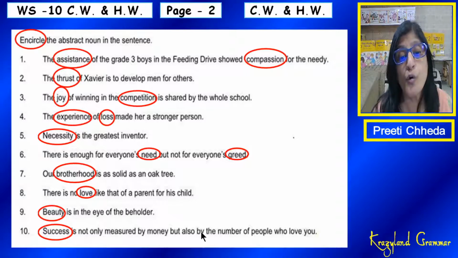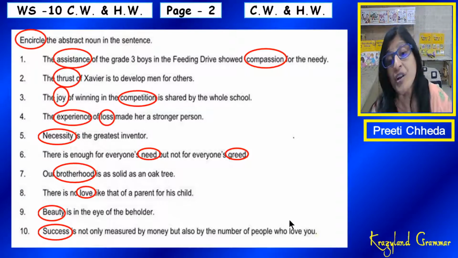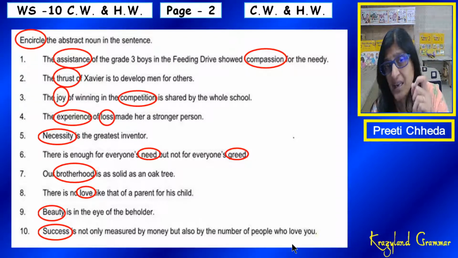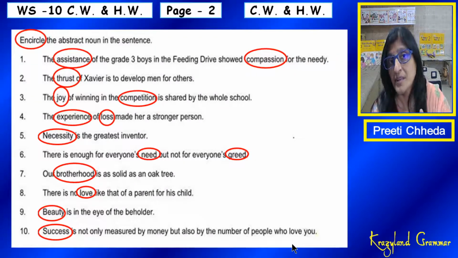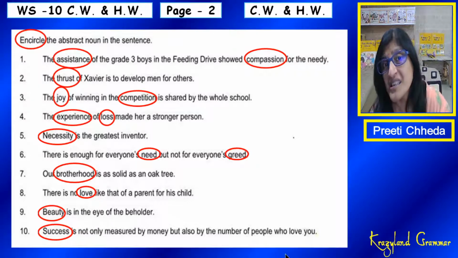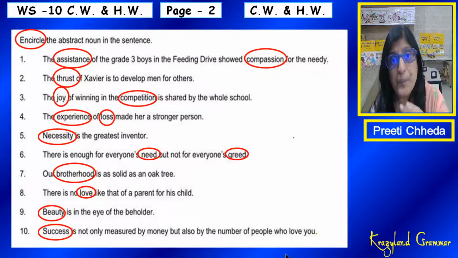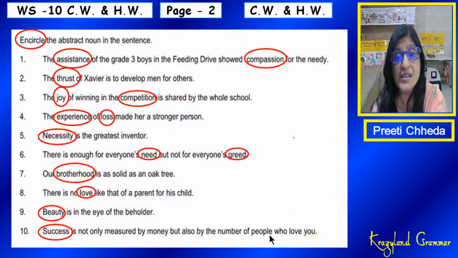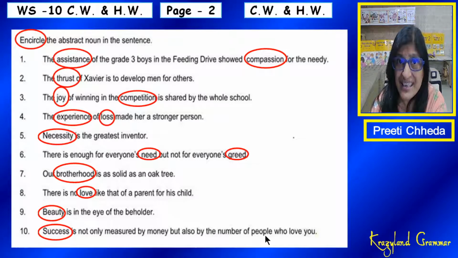But also नहीं, by नहीं, the नहीं, number of people who love. Now here love, who love you. Now here you please tell me, love is what? Is it a noun or is it a verb? See, who is used as a pronoun and who is called a relative pronoun, which is giving the detail or modifying the number of people.